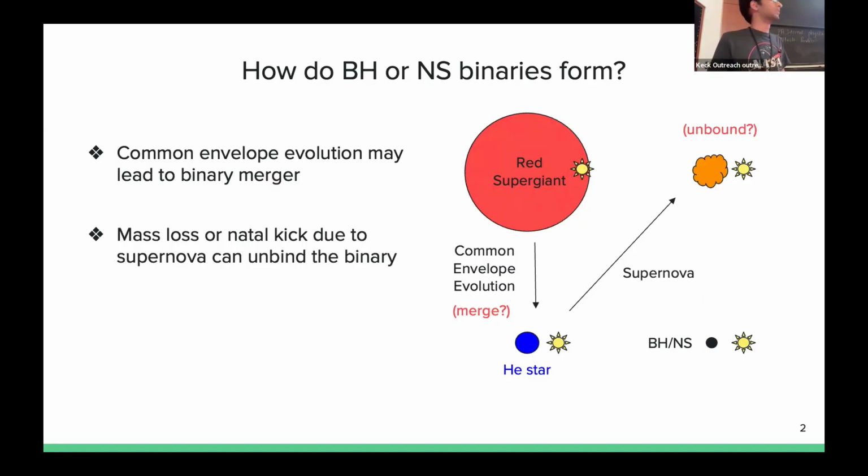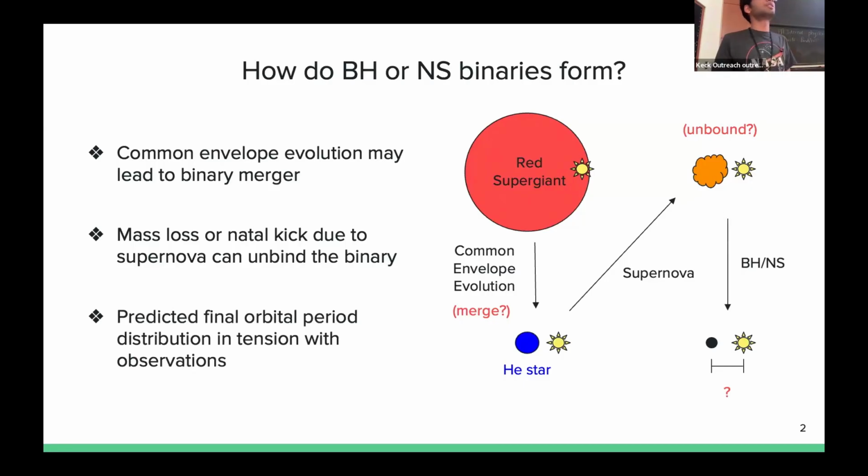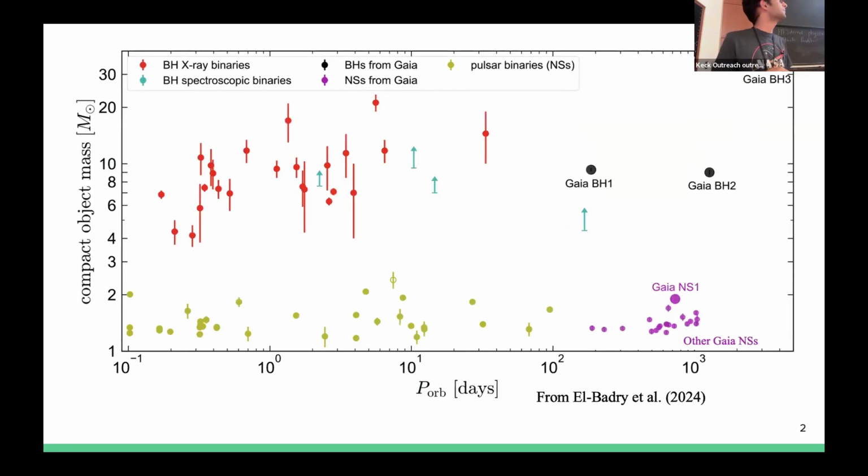But let's say the binary survives this as well, and the resulting picture is generally the story that is used to explain the formation of close accreting neutron star or black hole binaries that, for example, are called low mass X-ray binaries.